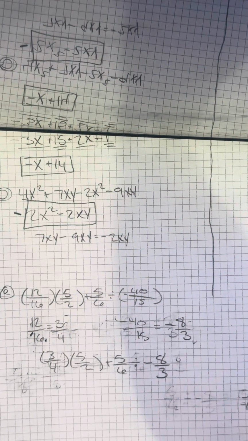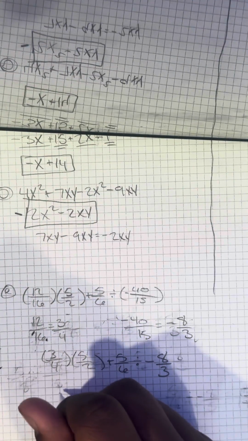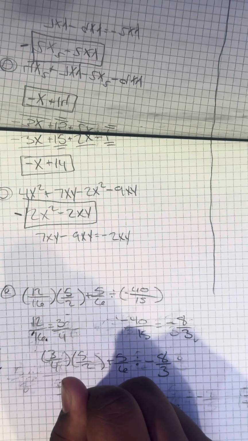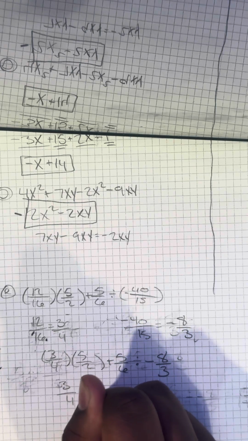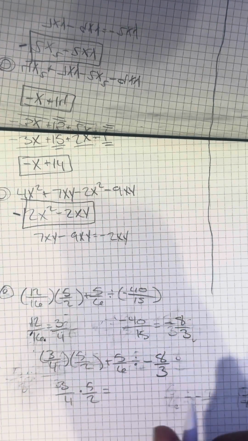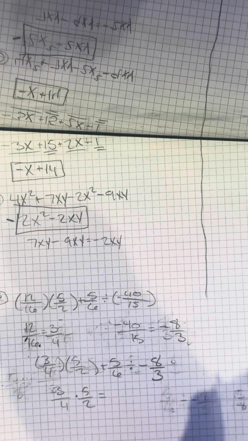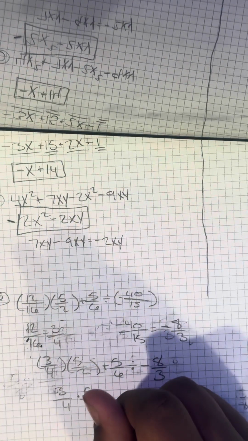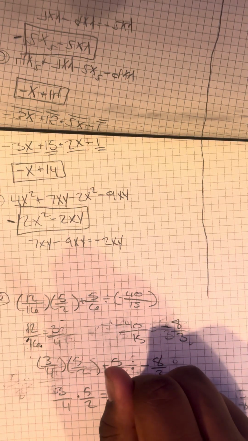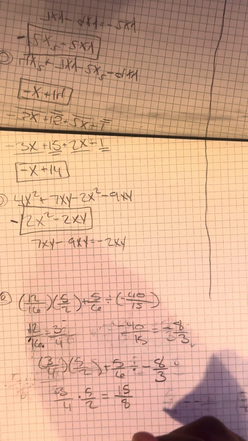All right, so we can work with our parentheses now. So it would be 3 over 4 times 5 over 2, and we can multiply straight across. It would be 15 over 8.